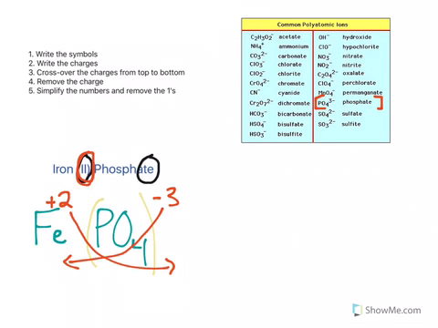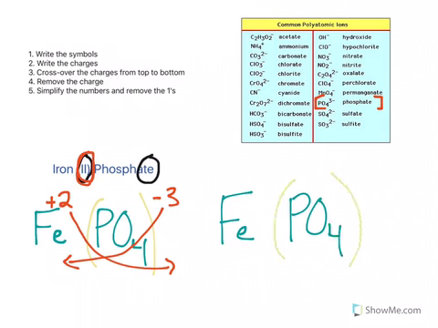Alright, let's rewrite these. So Fe, PO4. I'm going to write my parentheses, and I'm going to write my charges: -3, +2.